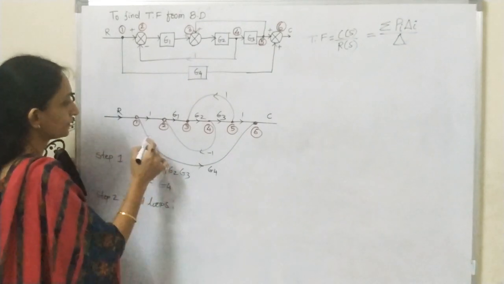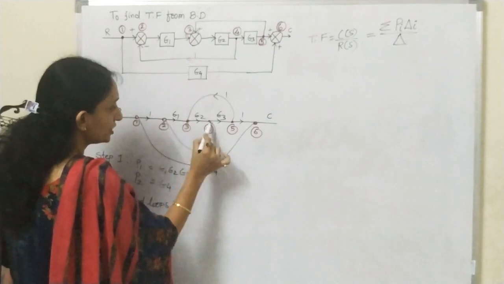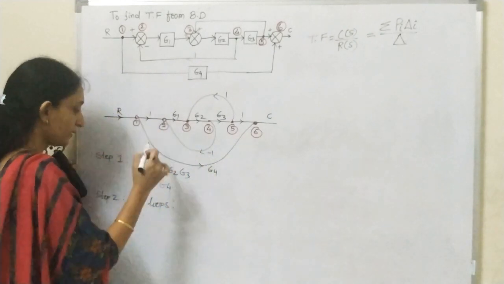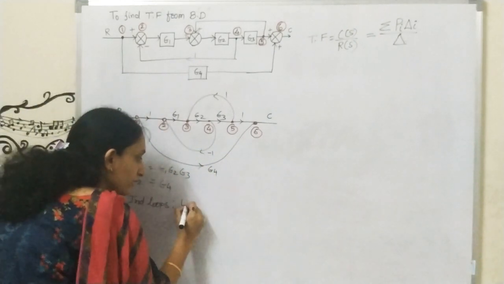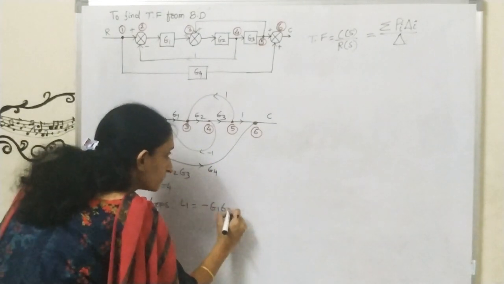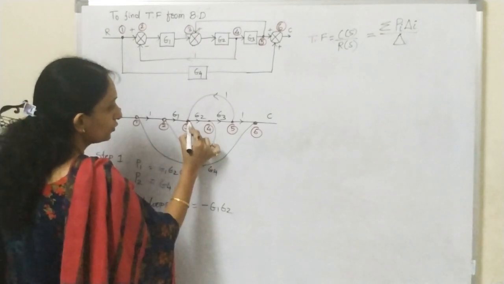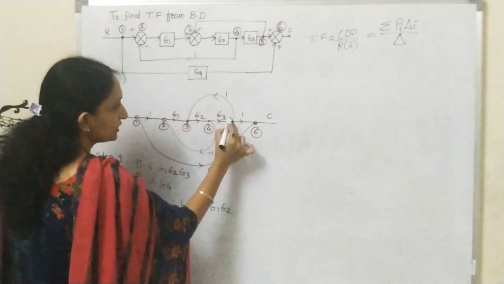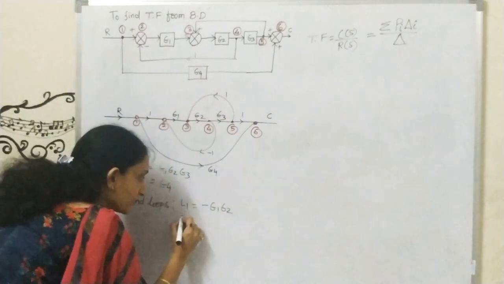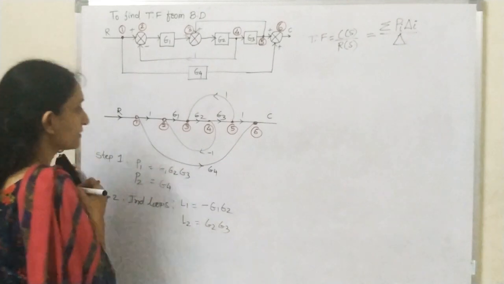The first loop I am getting is G1 G2 into -1, so L1 is equal to minus G1 G2. Now one more loop is there, that is G2 G3 into +1, so I will write plus G2 G3.